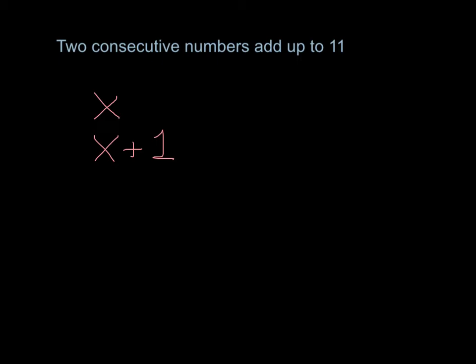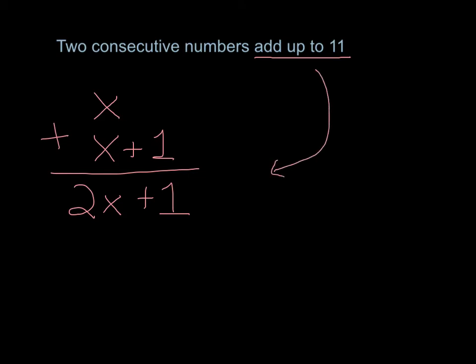The two of them, when I add them together, add up to 11. So let's try adding them together. x plus x plus 1 equals 2x plus 1. And we know that that equals 11.